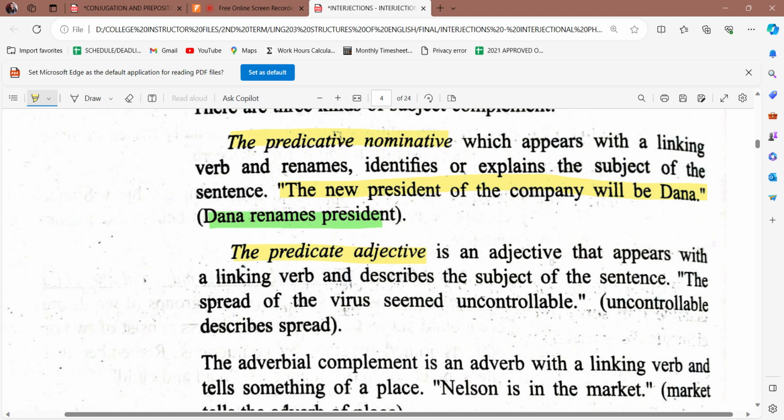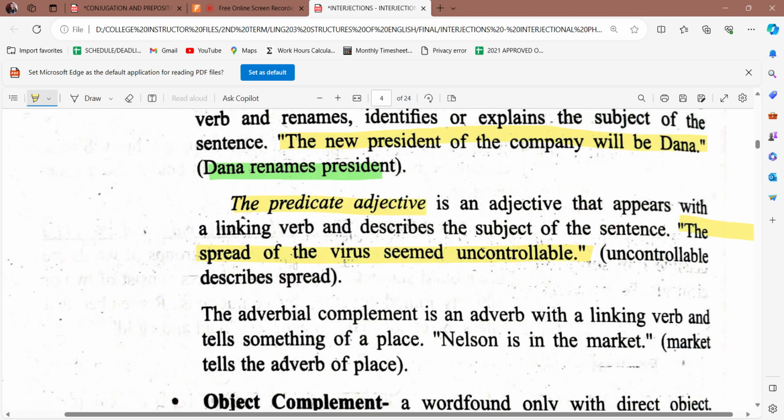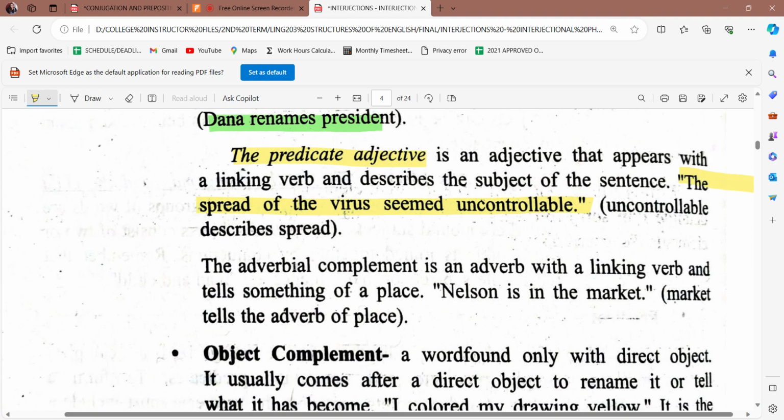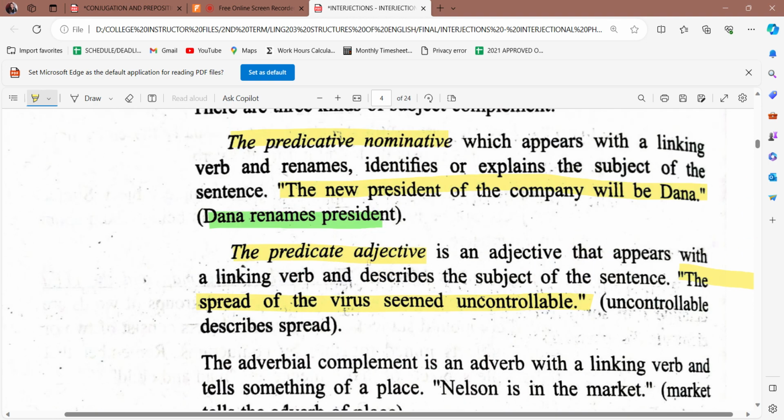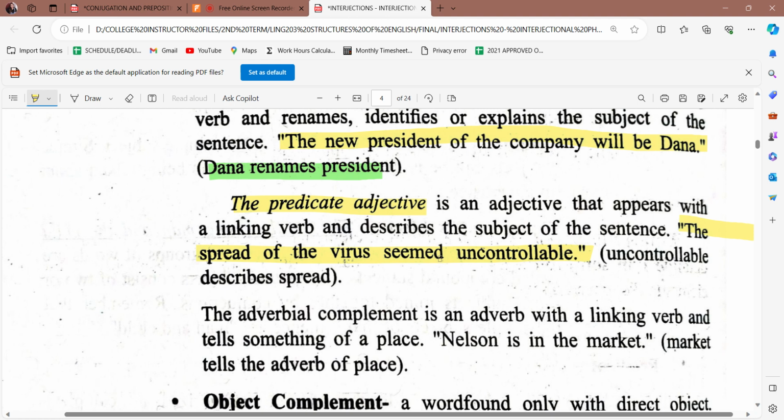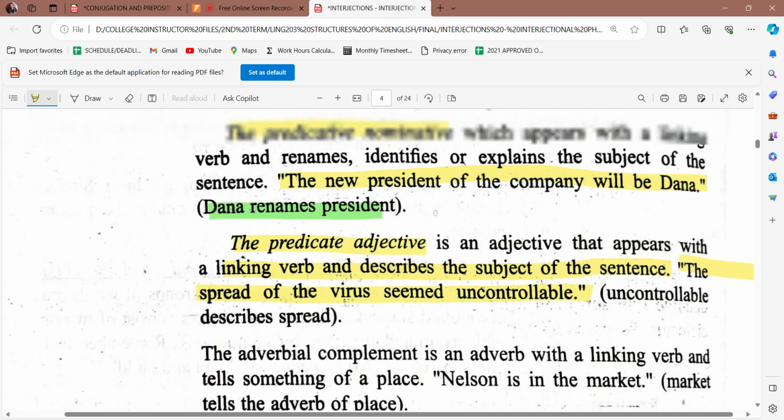Example: the spread of the virus seemed uncontrollable. So uncontrollable describes spread.